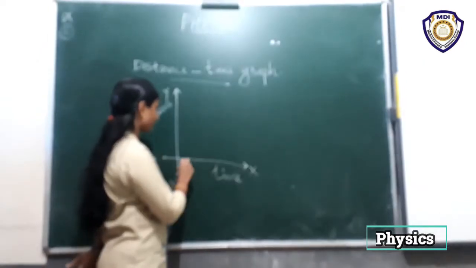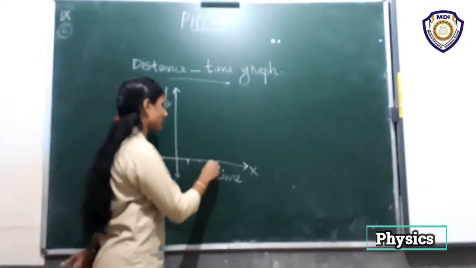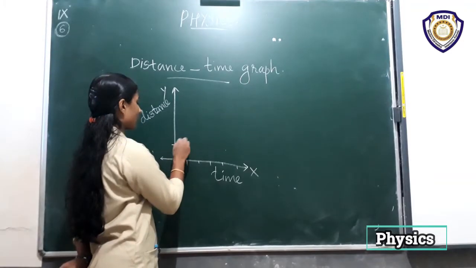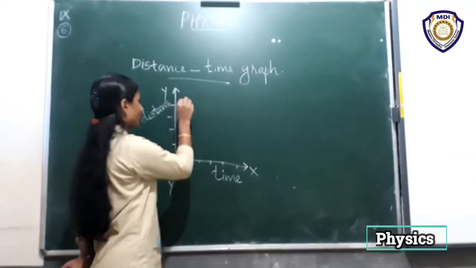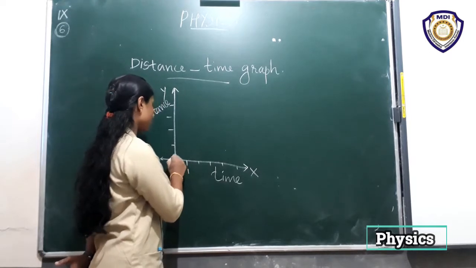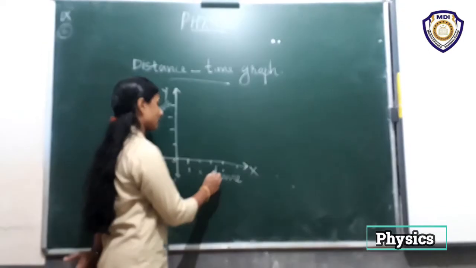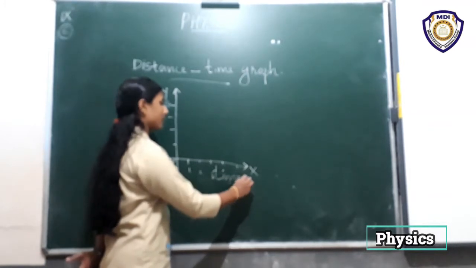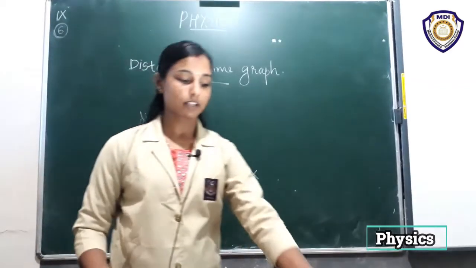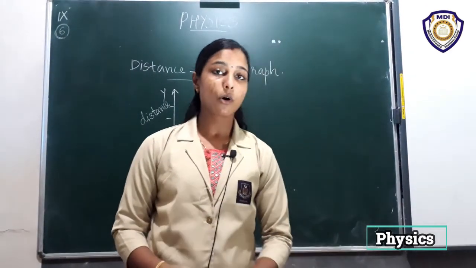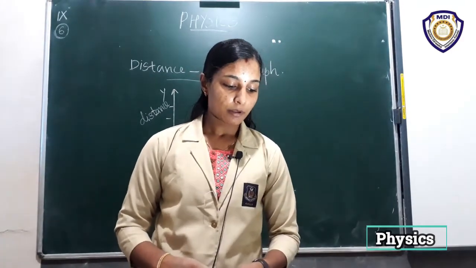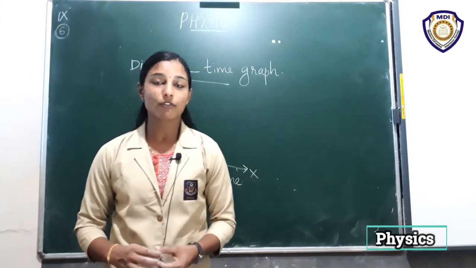There are some lines like this is 1 unit, this is 2 units, 3 units, 4 units, 5 units, etc. Here also 1 unit, 2 units, 3 units, 4 units, etc. Suppose this is the origin 0, this is 1 second, 2 seconds, 3 seconds, 4 seconds, 5 seconds, etc. And in your textbooks one example is given for uniform speed, that is, the distance-time graph of an object moving with a uniform speed, right?